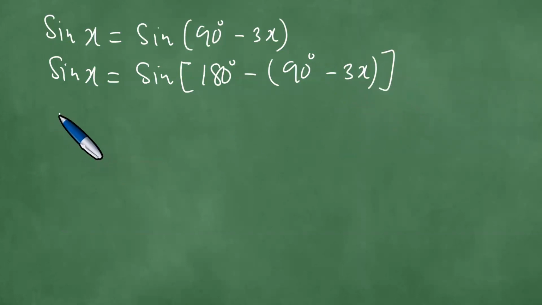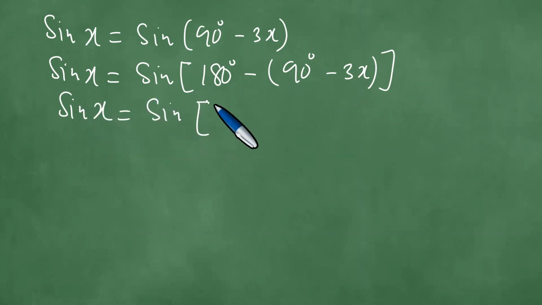And so what is the meaning of this? This is the sine of x equals the sine of 180 degrees minus 90 degrees plus 3x, which is the same as 90 degrees plus 3x, like so. And what is all this here?